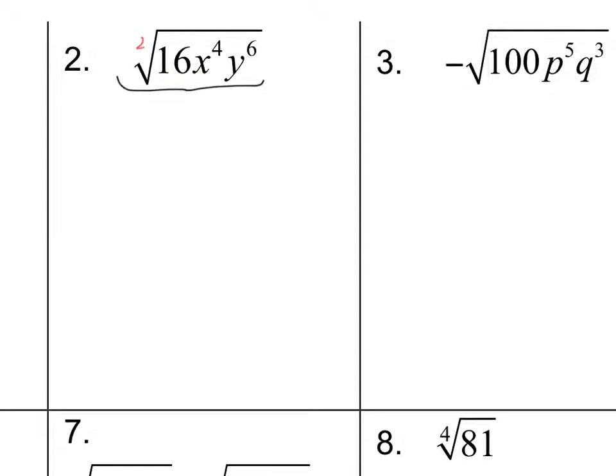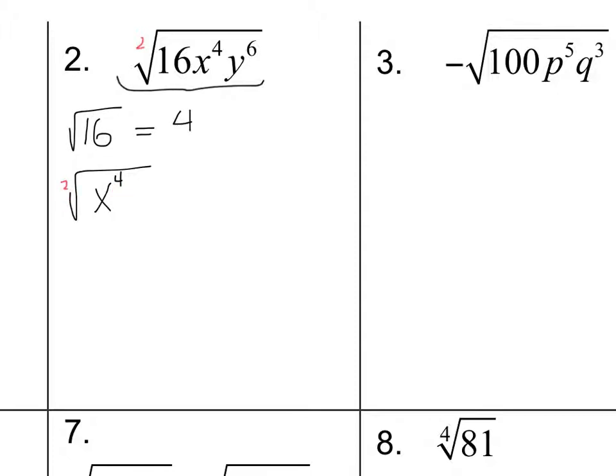So let's think of the square root of 16. Now you all know that the square root of 16 is 4, since 4 times 4 is 16. And let's think of the square root of x to the 4th. Now you can think of this in a couple ways. One way could be, since I know that the index is 2, I can look at the power of the variable, which is a 4, and the index.